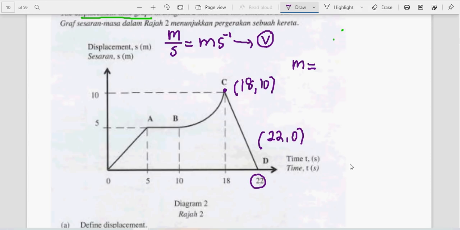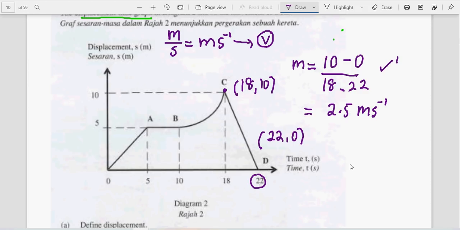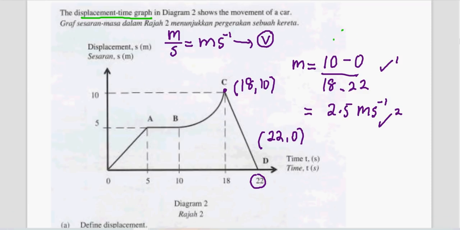So it will be the changes in the y-axis, 10 minus 0, divided by the changes in the horizontal axis, 18 minus 22. Okay, like that. So you tekan your calculator, you will see your answer equal to 2.5. Don't forget the unit. Okay, so now we know the unit is meter per second. Mesti ada unit. So selalunya the substitution value here is the first mark, and then your final answer with the correct unit is the second mark. Okay, so hopefully you can understand this.